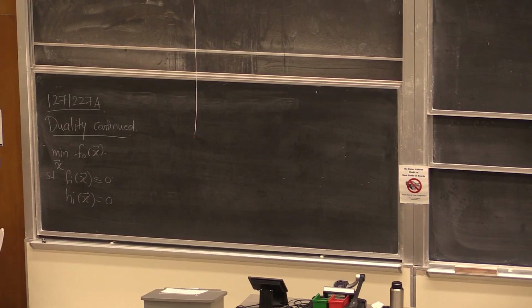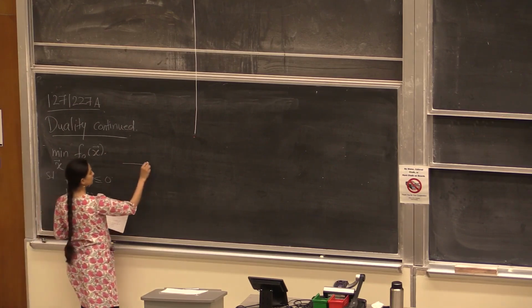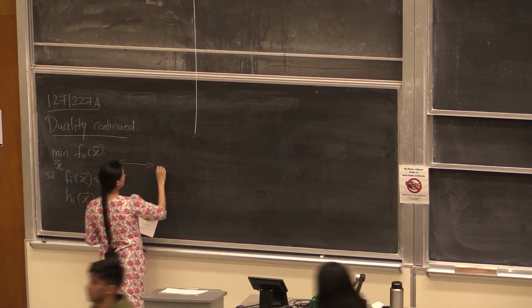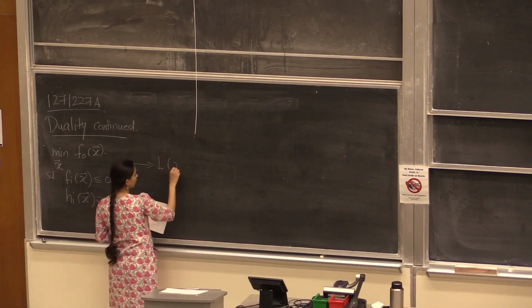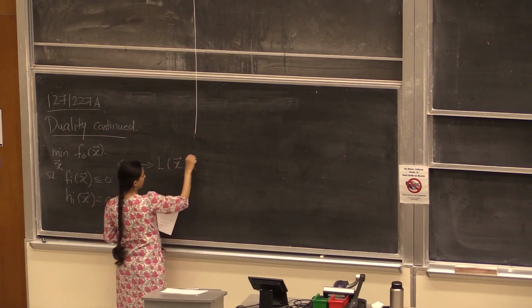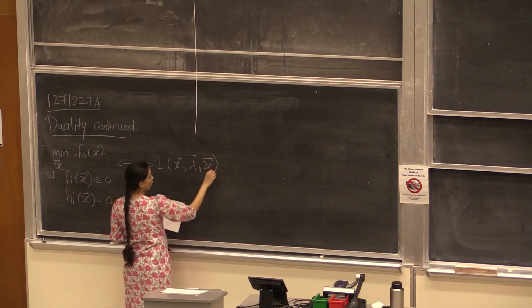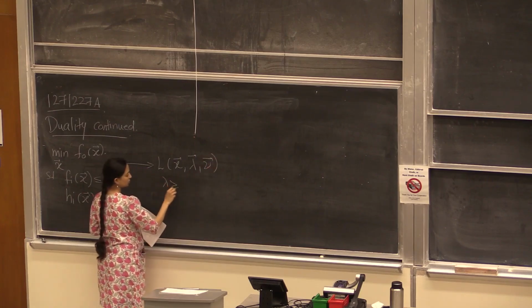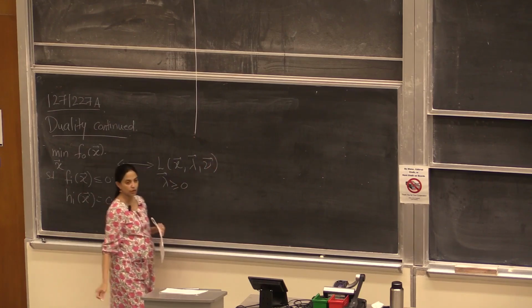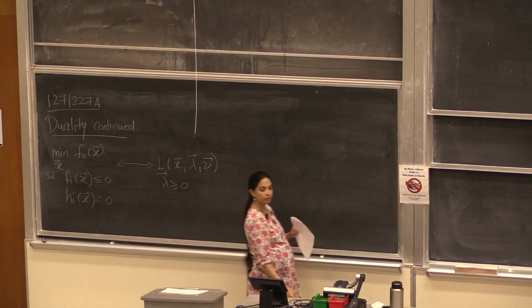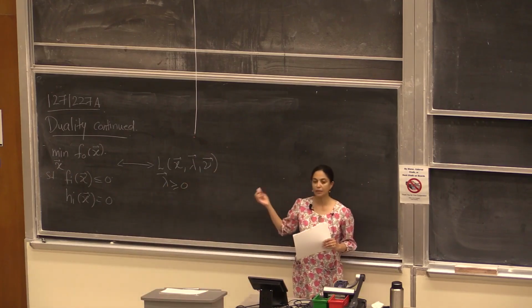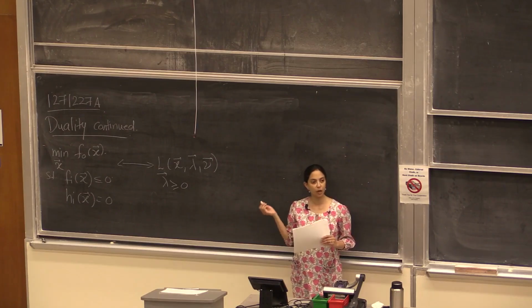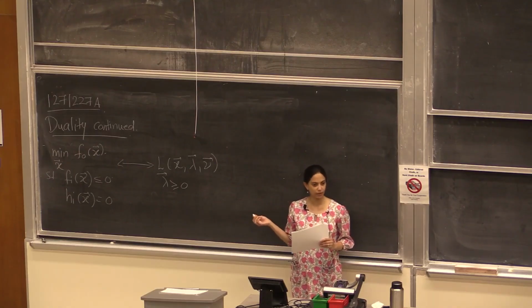And for this, what we did last time was we then computed a Lagrangian, which is L of x comma lambda comma nu. The lambdas are constrained to be greater than or equal to 0. And we said that this is basically a way of incorporating the constraints themselves into the objective function, right?